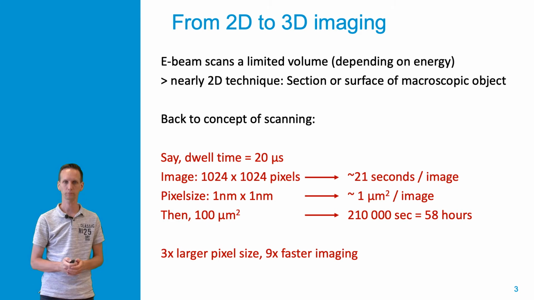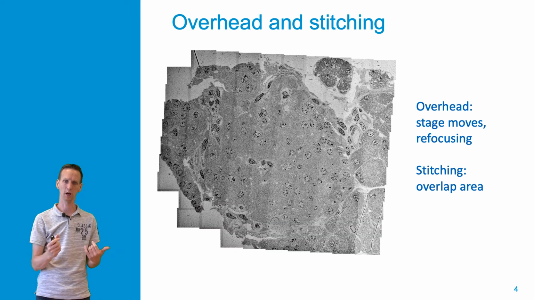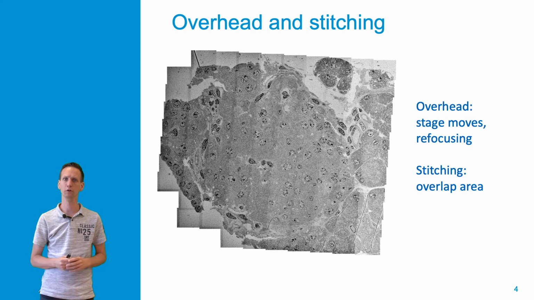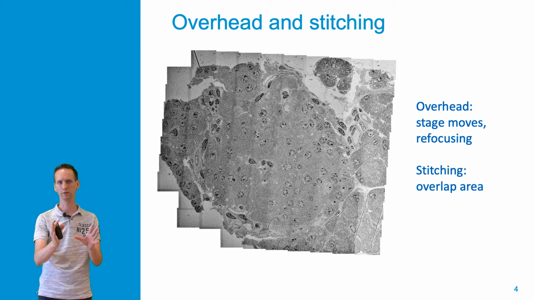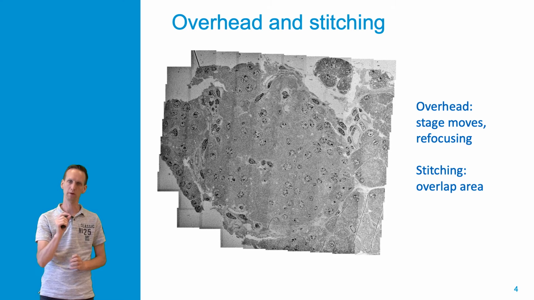Now here you see an example where we record the full fields of view in order to generate a larger tile. The calculation that we just did suffices to get a rough feeling for the amount of time spent in recording such a larger tile. However, we also should bear in mind that there's overhead in the measurement. We need to include stage moves to cover the entire 100 by 100 micrometer area.